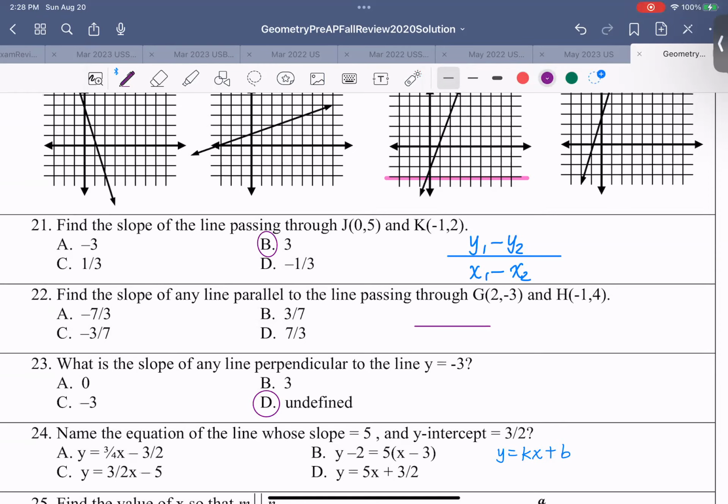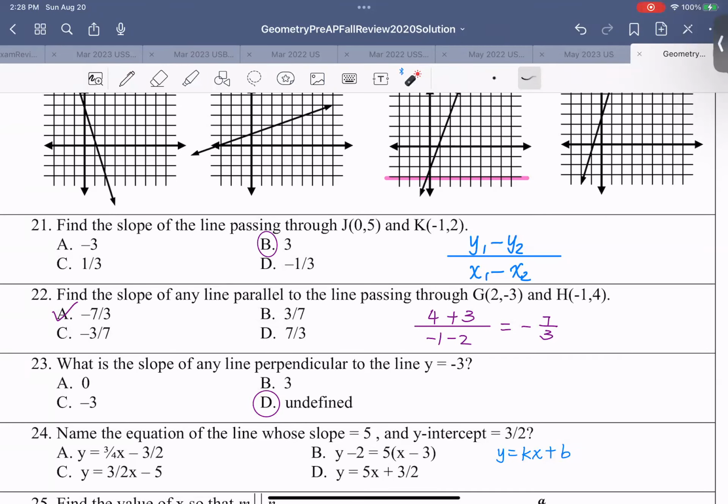So if you do 4 minus negative 3, which is 4 plus 3, which is 7, over negative 1 minus 2. So that's minus 3. So the answer will be negative 7 over 3. A. Thank you. Very good.